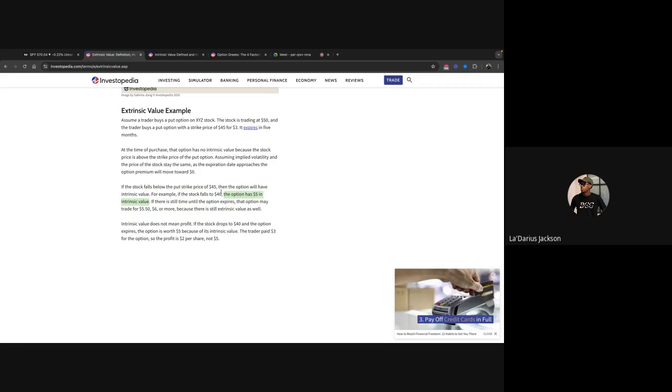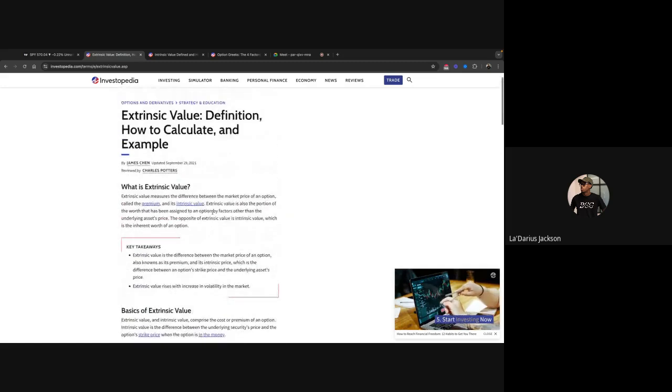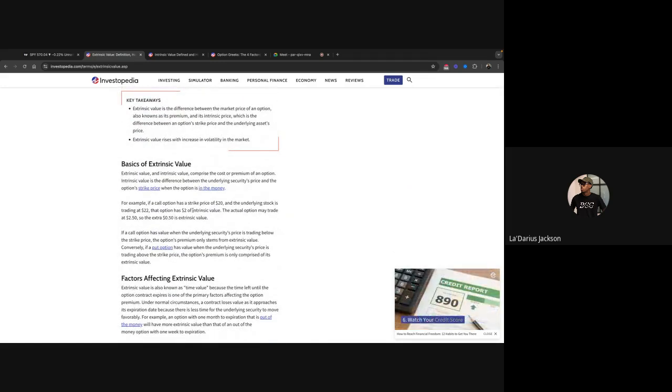When we're looking at calls, we have $2 of intrinsic value because it's $2 above our strike. So your option has to be in the money, regardless if it's a call or a put, to have intrinsic value. Does that make sense?